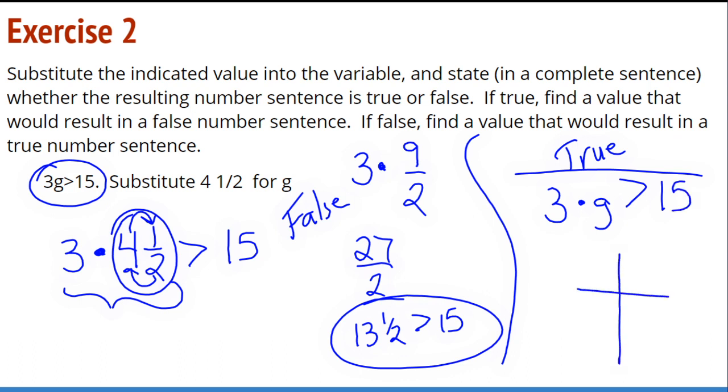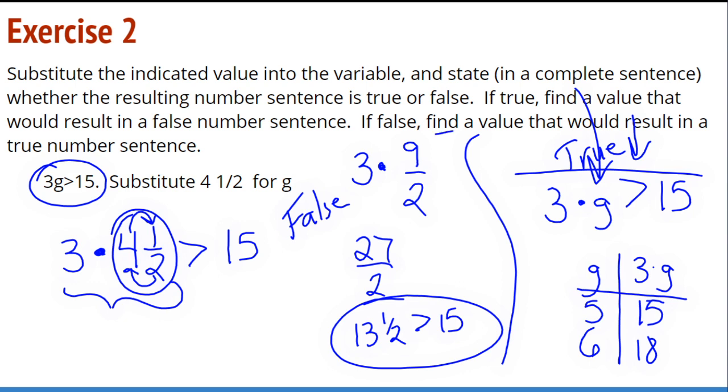Now if I stick in a 5, 3 times 5 is 15, but that's not greater than 15. I need a number that will give me a value greater than 15. So I could put in a 6. 6 times 3 would be 18. So I could say that this is true if I used 6.